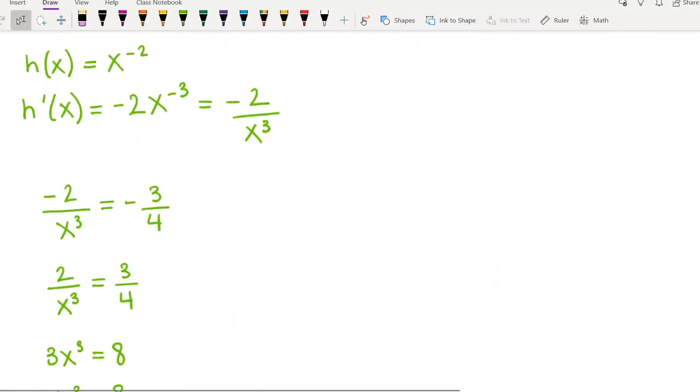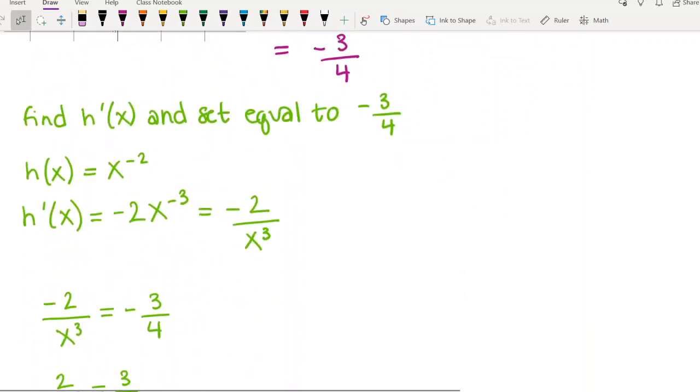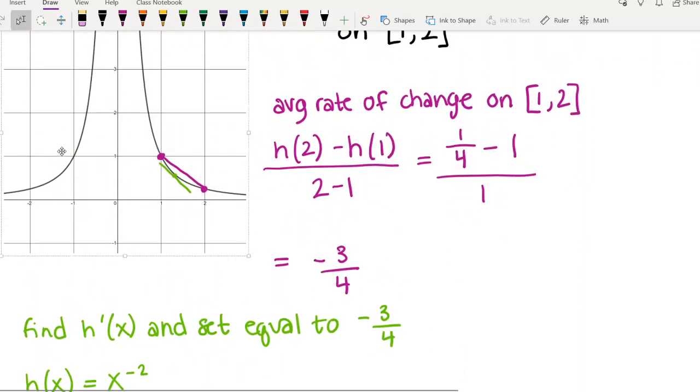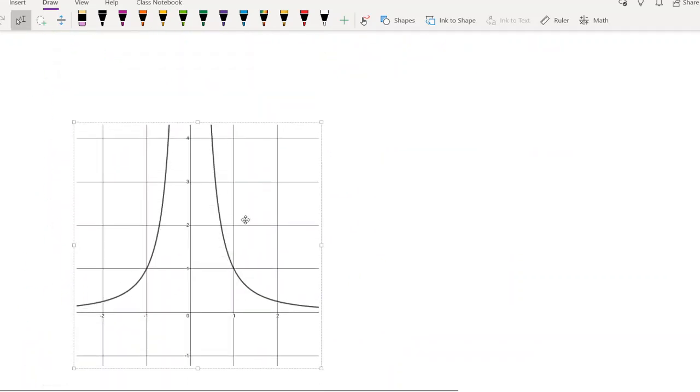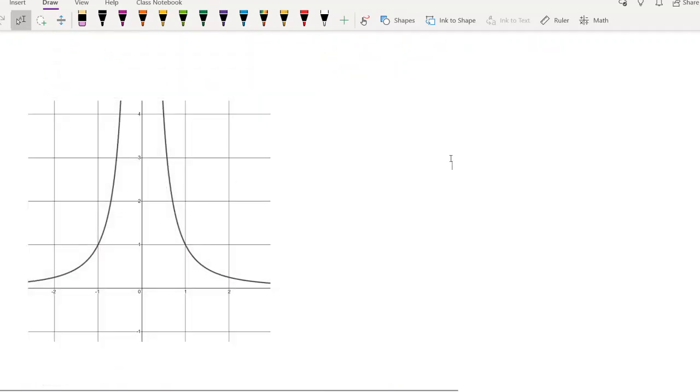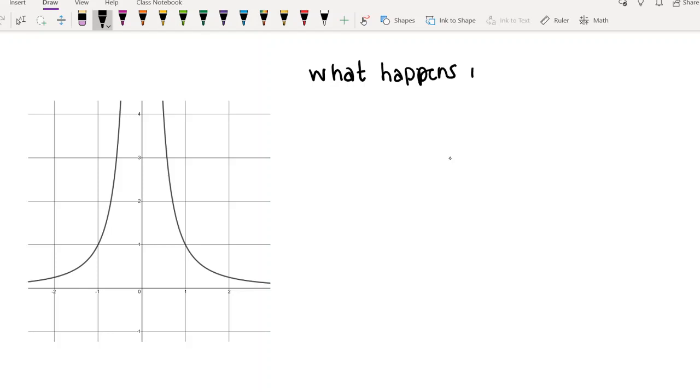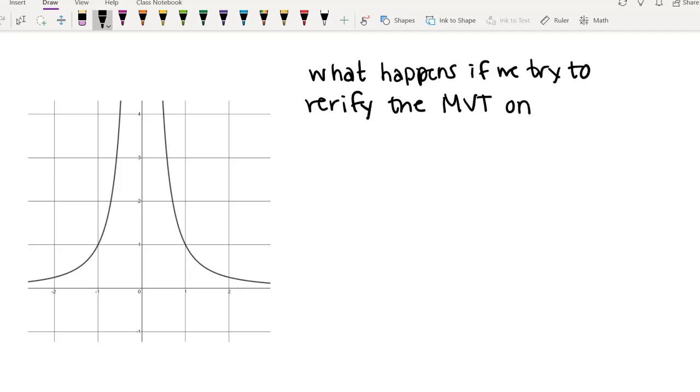Okay, so the last example I want to do, and let me actually copy this picture because we're going to use the same function, but I want to bring up something a little different. The question here is, what happens if we try to verify the mean value theorem on the interval now from -1 to 1?